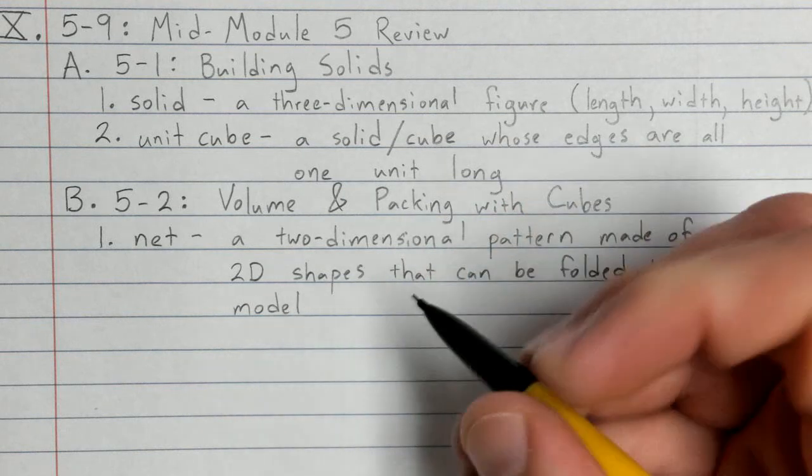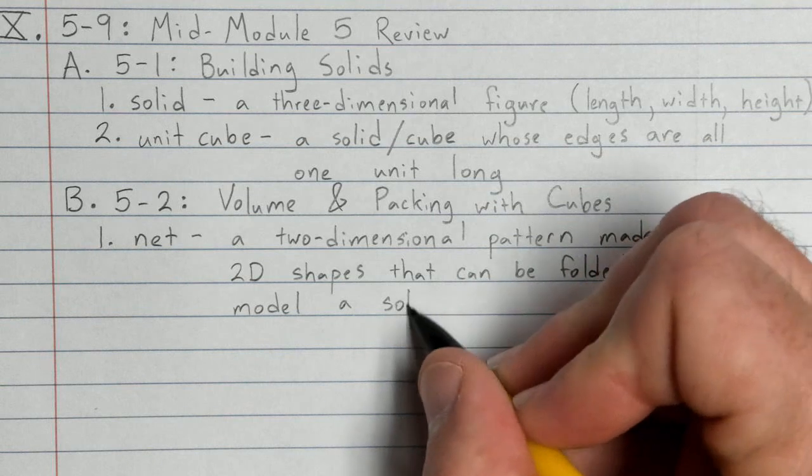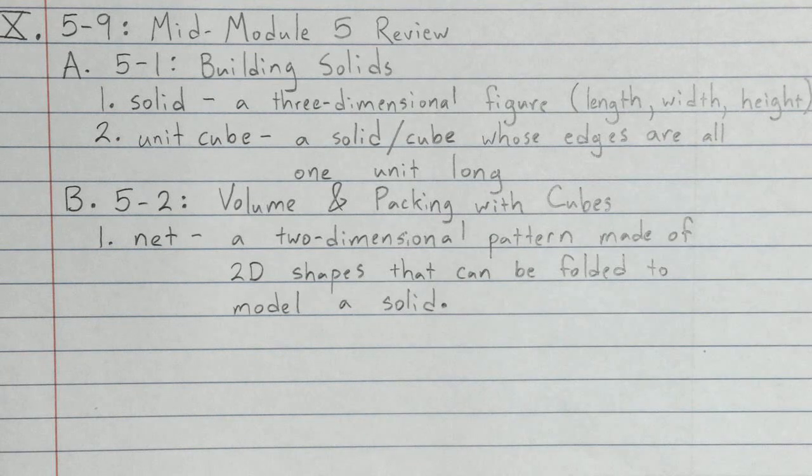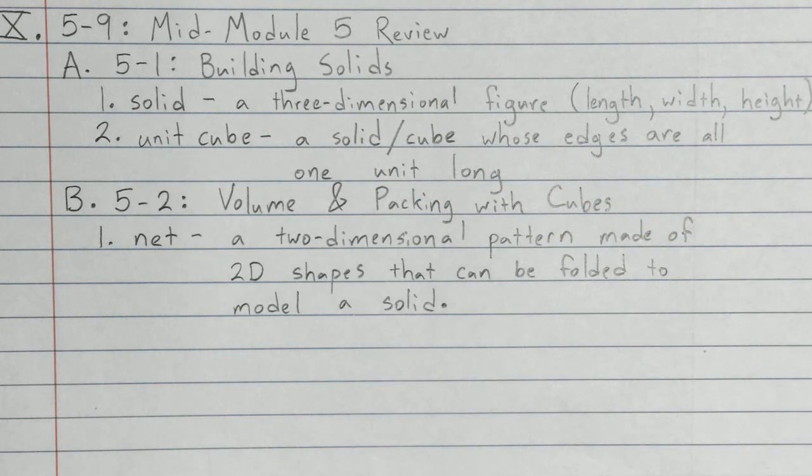So you can fold it up and turn it into a solid figure. Because a solid, a three-dimensional figure, is constructed from a collection of two-dimensional shapes, of flat shapes.